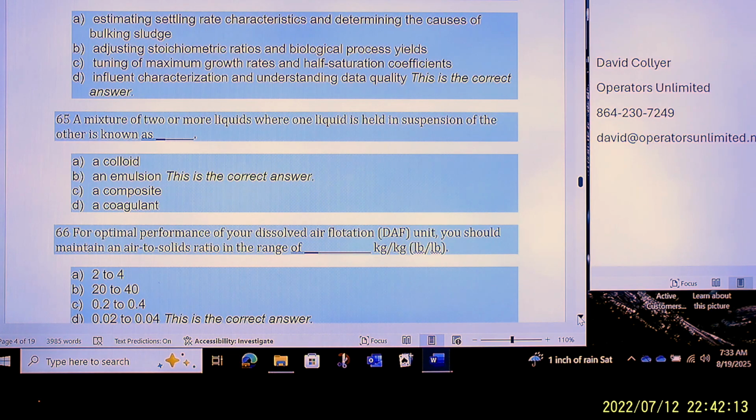C. Tuning of maximum growth rates and half saturation coefficients. Or D. Influent characterization and understanding data quality. Number 64, the answer is D. Influent characterization and understanding data quality.